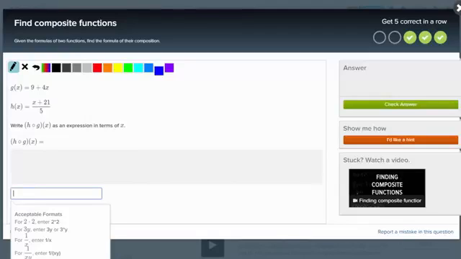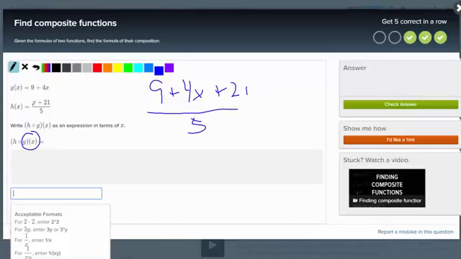H of g of x, start with g of x, 9 plus 4x, and put that in for h. So instead of x plus 21, it's going to be 9 plus 4x plus 21, all over 5. So we got 9 plus 21, right? Because those are my like terms.